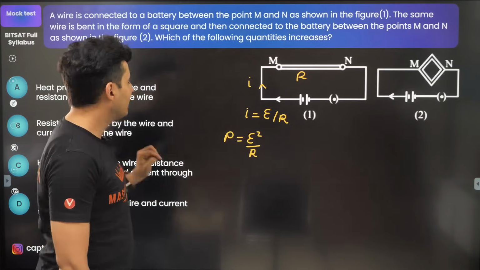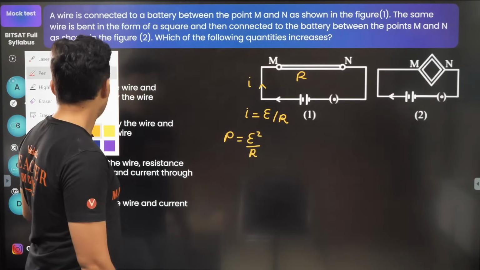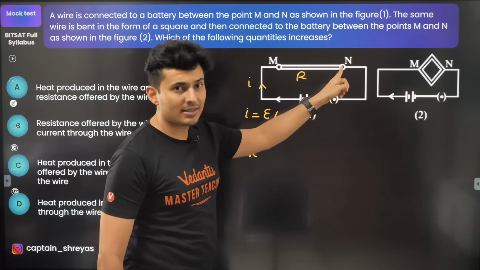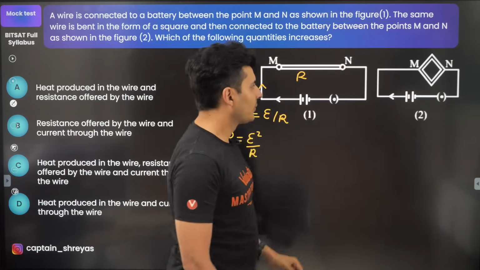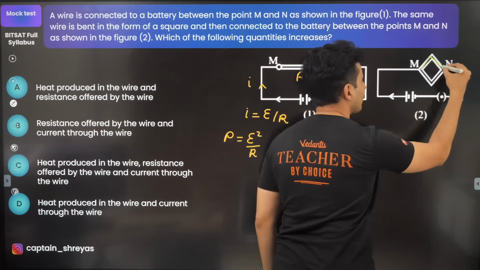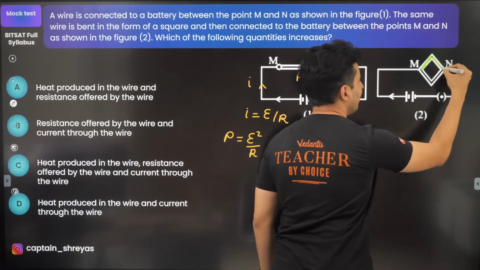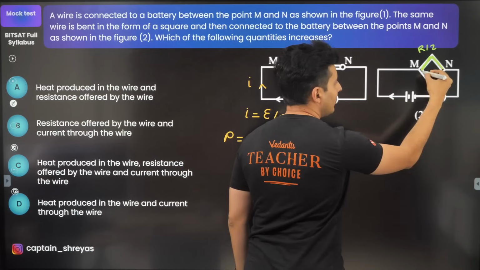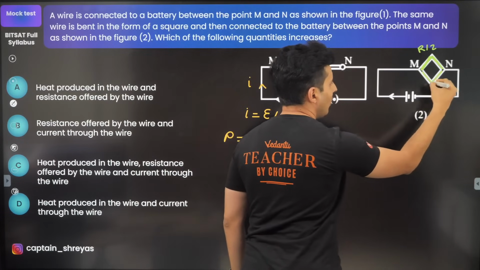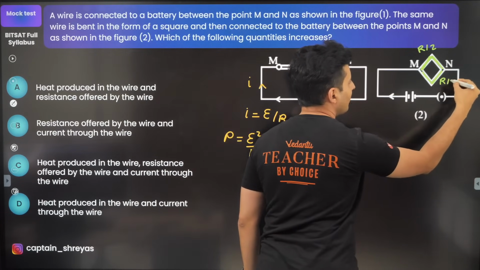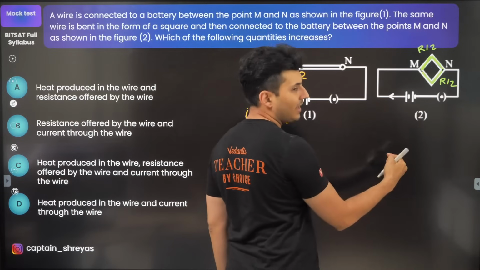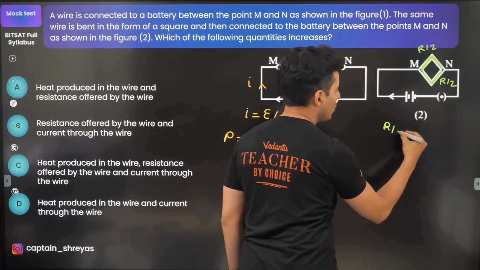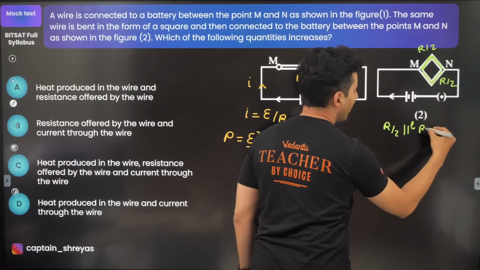Now the moment you make it into a square, remember that the total resistance was R. So this part will have a resistance of R by 2, and this part will also have a resistance of R by 2. Both are in parallel. So R by 2 parallel to R by 2.